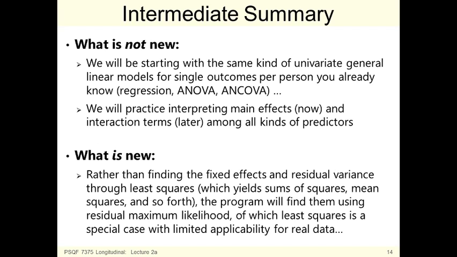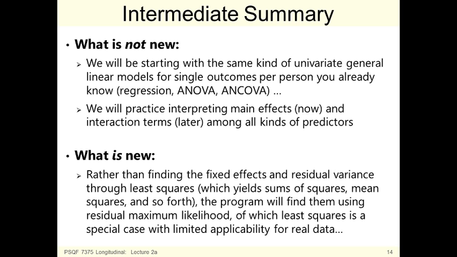But when that one special case isn't applicable, so when you have some other type of distribution you're working with, when groups have different variances, when you have more than one kind of variance, any of those complicating factors, then likelihood estimation is the way to go. So I found that helpful to look at, to see how these things are or are not the same.